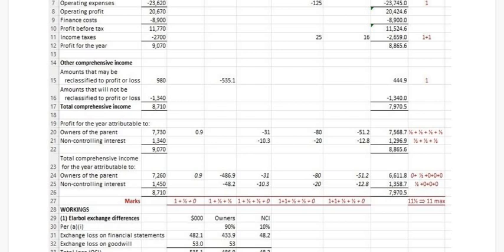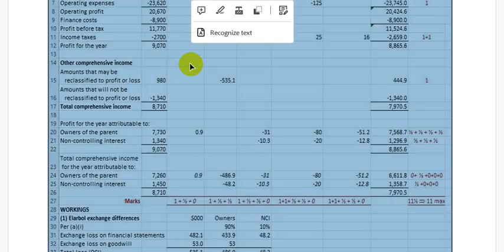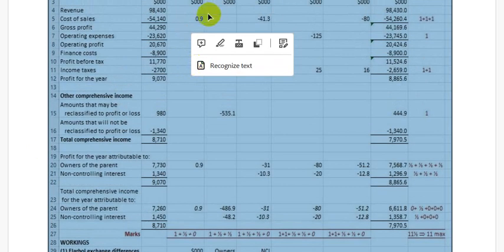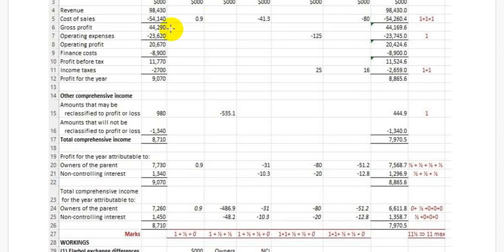We now address the other comprehensive income. Let's start, we'll go column by column. We had the 900.